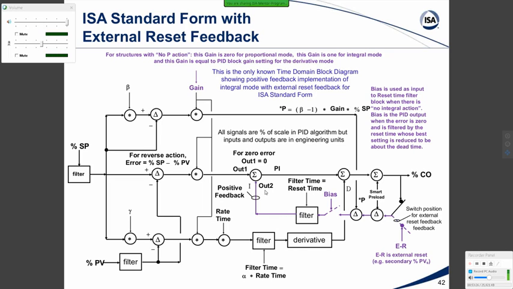So it's a real challenge, but I think the important message is that there are some controllers that have this positive feedback implementation. A curious aspect of this is that this was the only way you could do it in pneumatic controllers, because in pneumatic controllers we didn't have integrators.